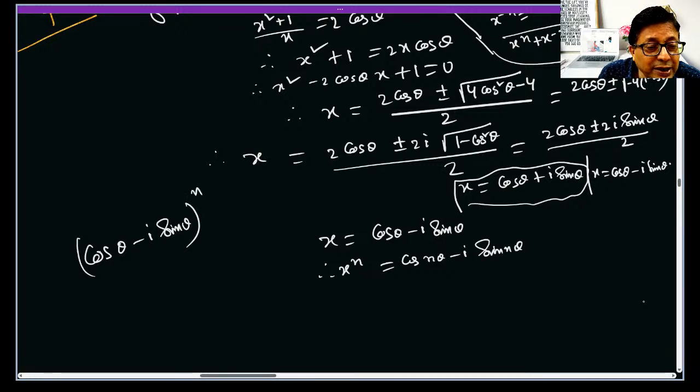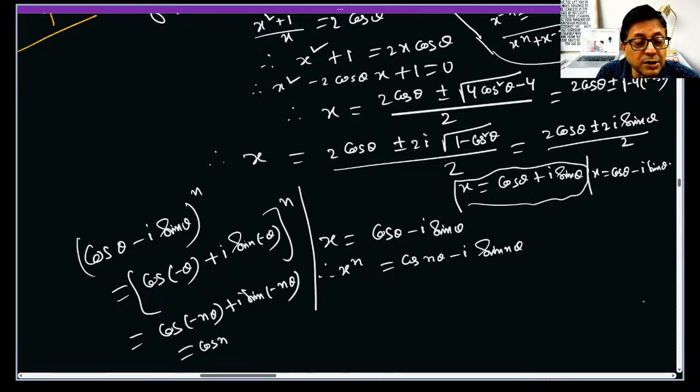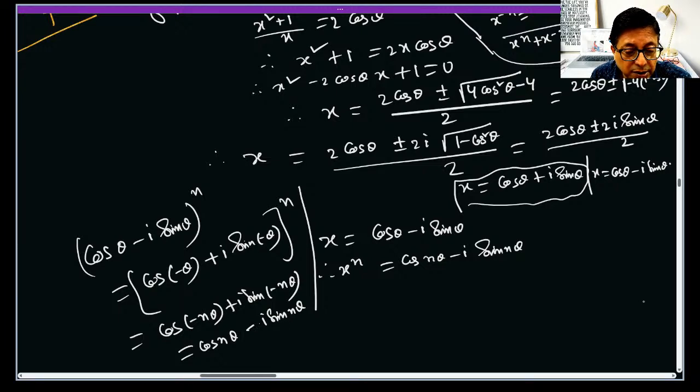This thing to the power n is nothing but cos of minus theta plus i sin of minus theta to the power n, so this is what? Cos of minus n theta. So this is nothing but cos n theta minus i sin n theta. Okay? So both the way you can prove.